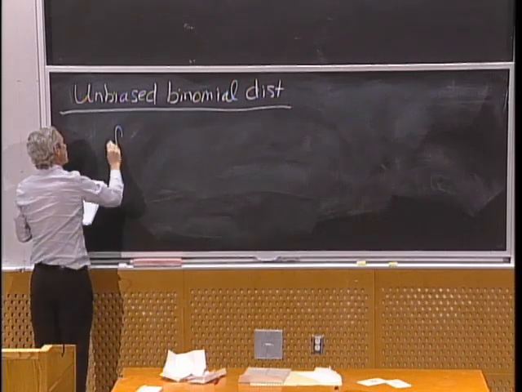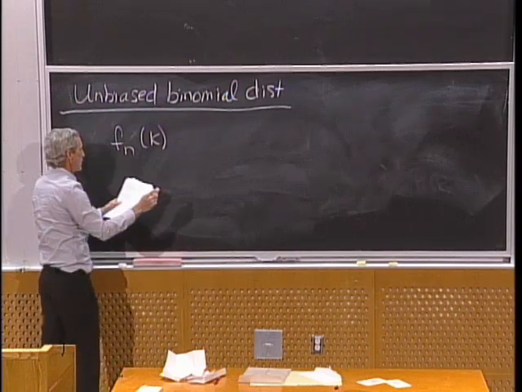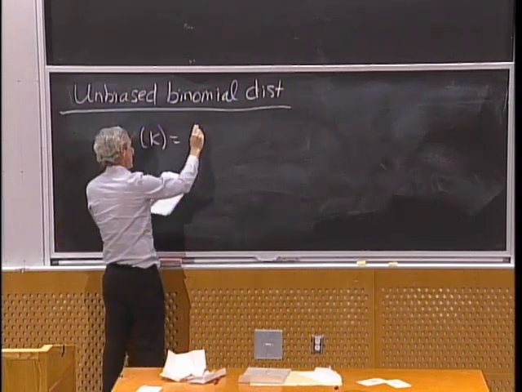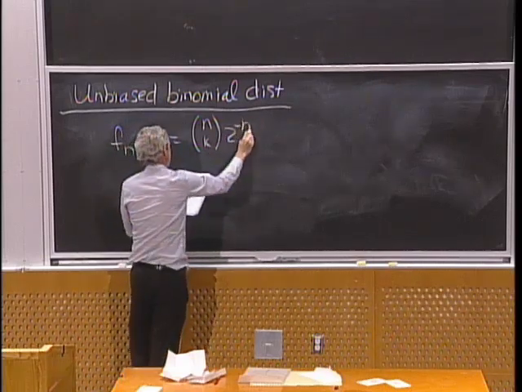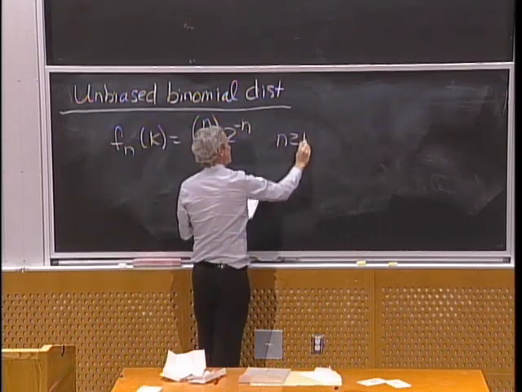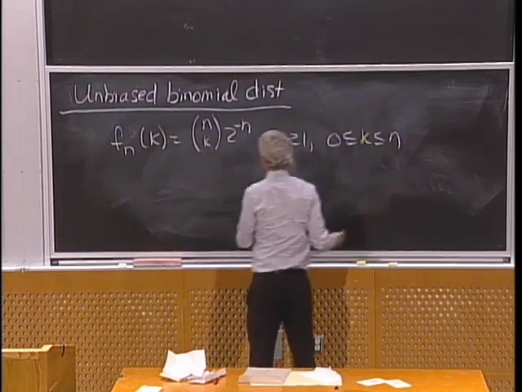Now, this one's a little more complicated. You got a parameter n again. And the distribution function on k, probability of getting k, is n choose k times 2 to the minus n. n is at least 1, and k is between 0 and n.